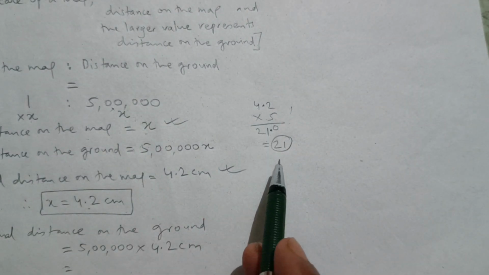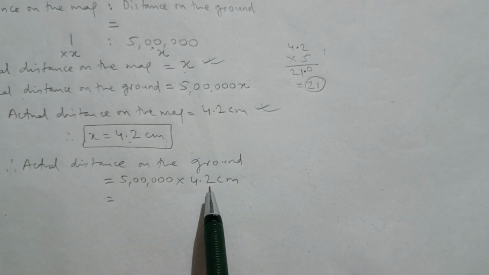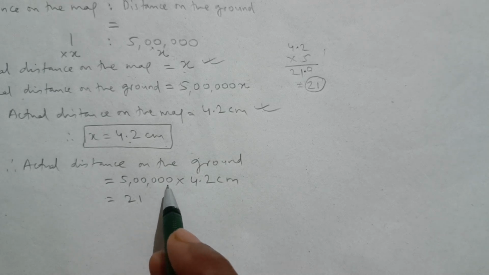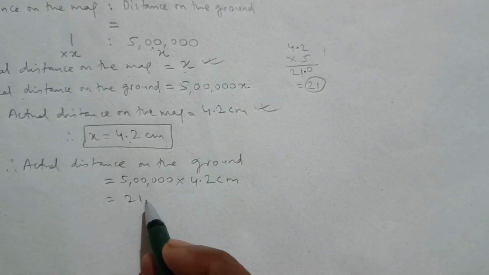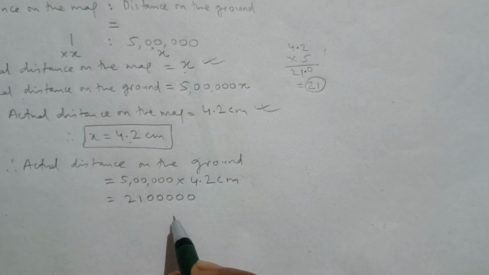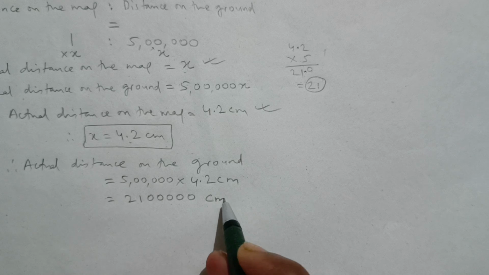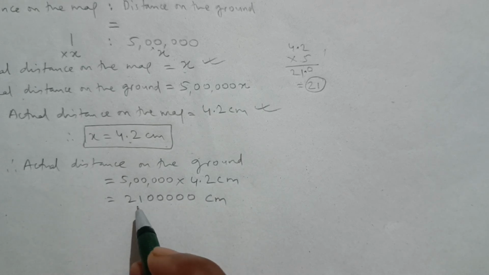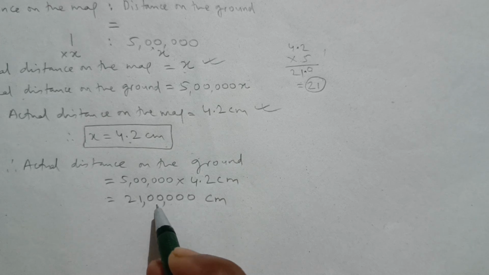Now I have 5 zeros, so after this 21 I will write 5 zeros. So 5 lakh multiplied by 4.2 centimeter is 21 lakh centimeter.